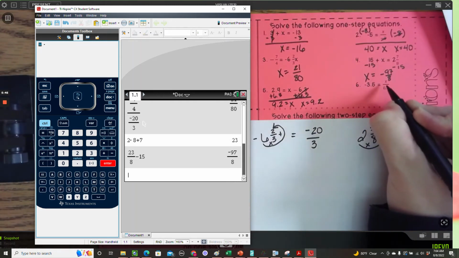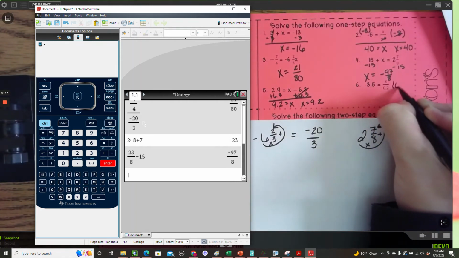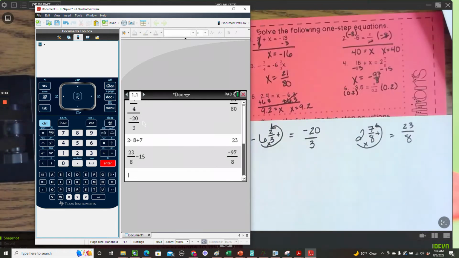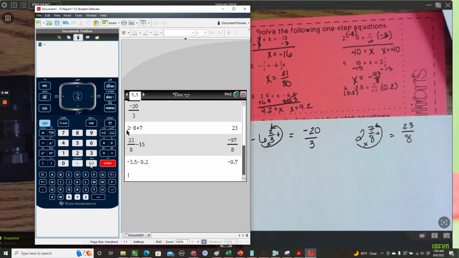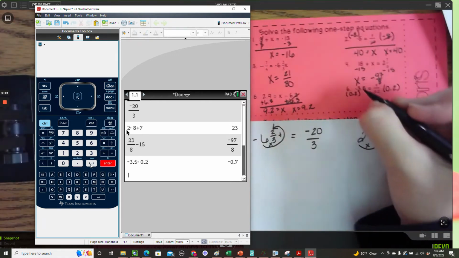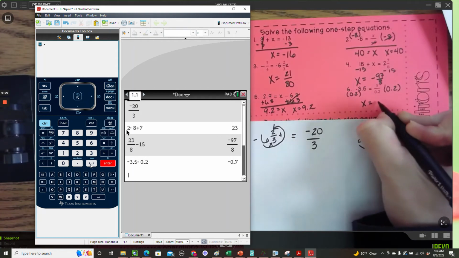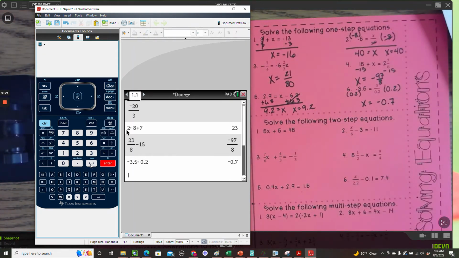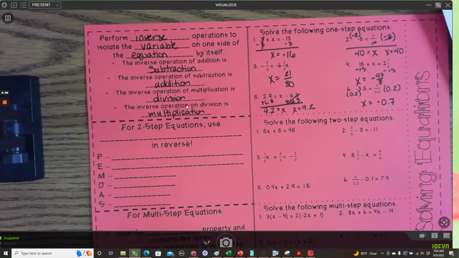Here again, we have division. So the opposite of division is multiplication. So we would just multiply both sides by 0.2. We get negative 7/10, so x equals negative 0.7.